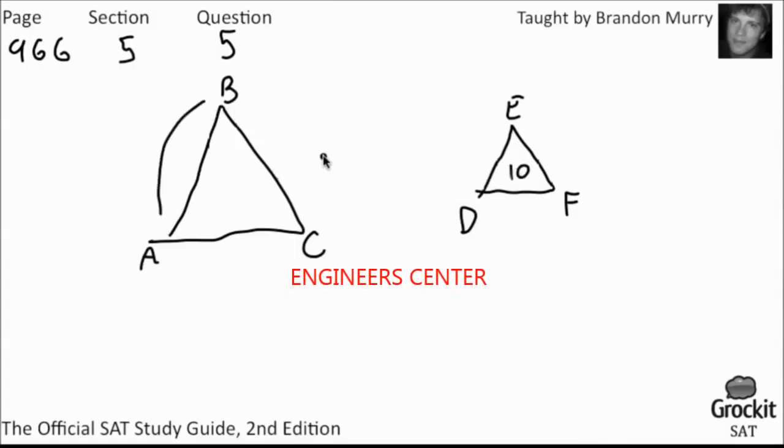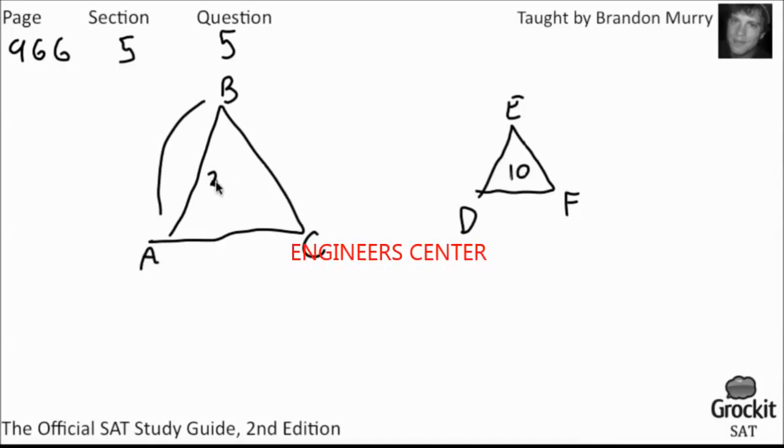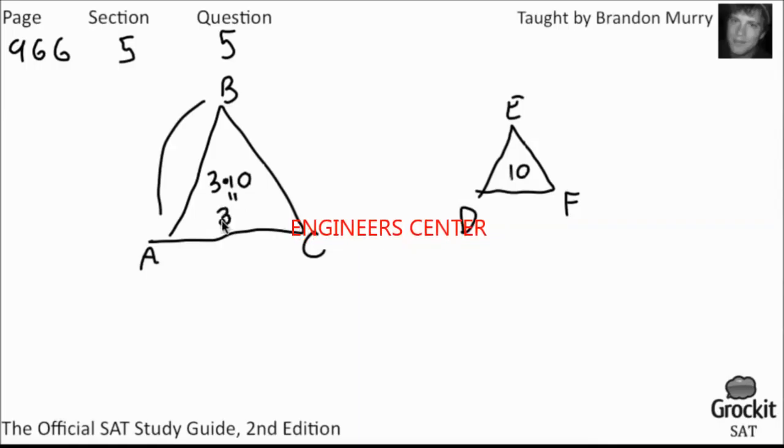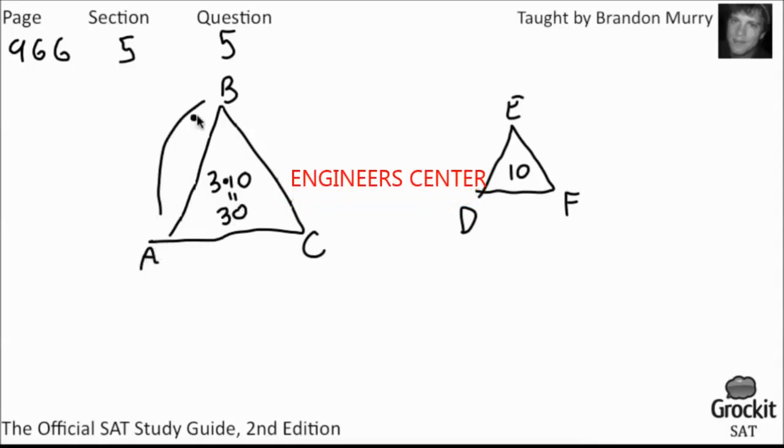All right. So the perimeter of ABC is 3 times DEF. So what does that give us? 3 times 10 equals 30. So now an equilateral triangle, how do we solve for its sides? Well, the perimeter would be each side added together, and they'd be equal to one another.